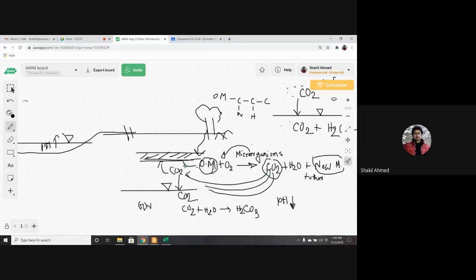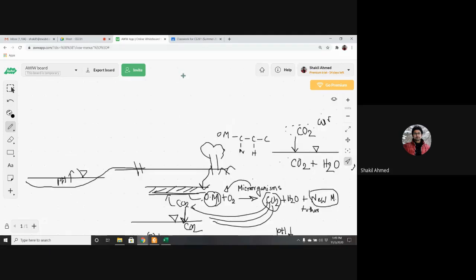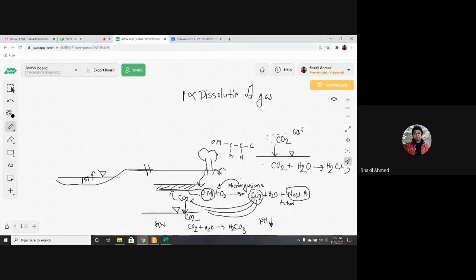Due to this pressure, carbon dioxide gas easily dissolves here. If we increase the pressure, then the dissolution of gas will increase. Dissolution of gas means gas getting dissolved into the water.